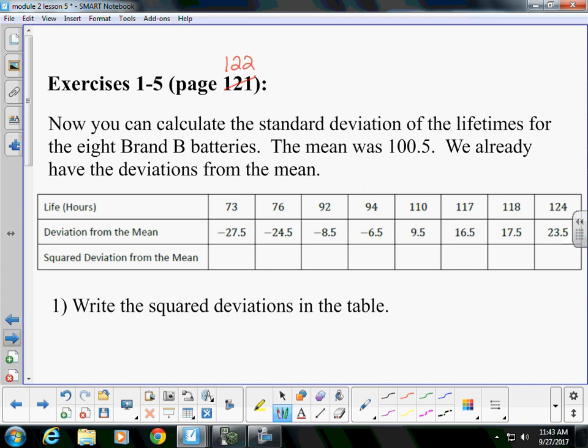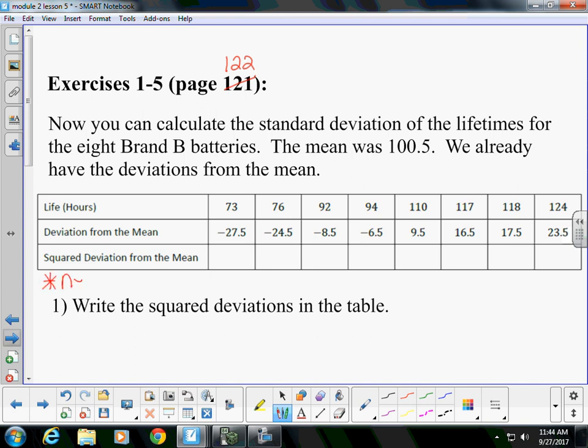Okay, so here are the hours and the deviations from the mean. The first thing we're going to work on is finding these squared deviations from the mean. You want to make sure that you put all of your negative numbers in parentheses.